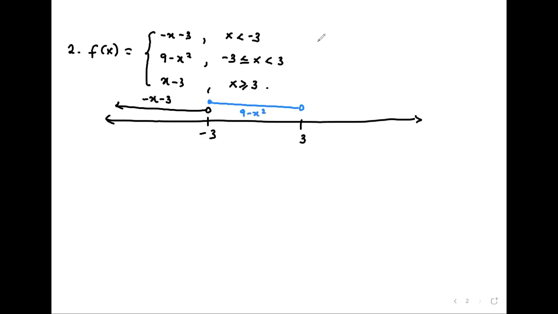Starting from here, going this side, it is x minus 3. The same function f is changing its nature depending on the interval you find x from. That is the meaning of the piecewise function. And you want to sketch this, so let us sketch it.